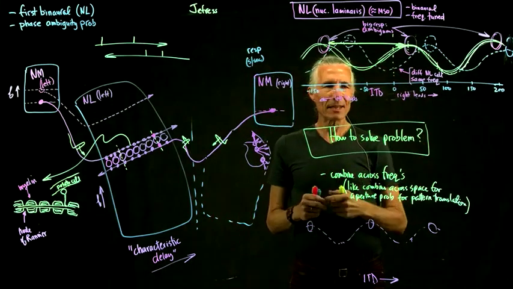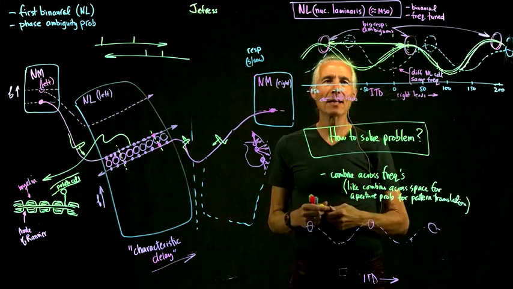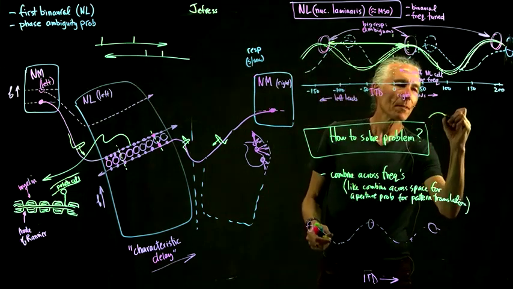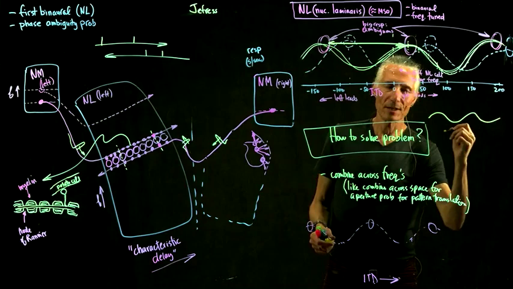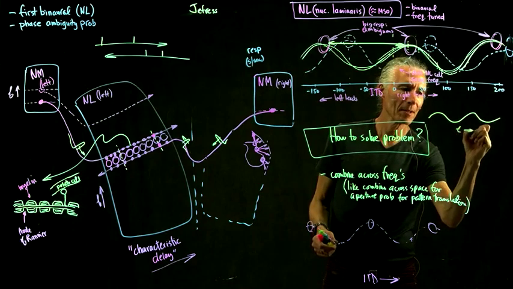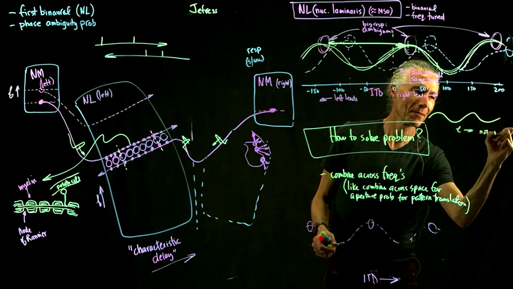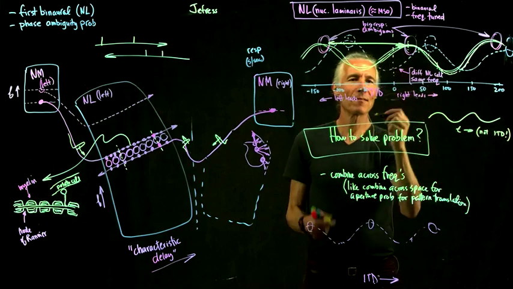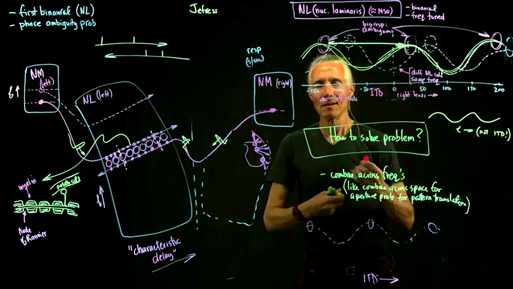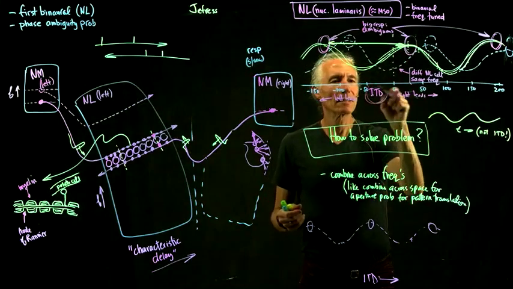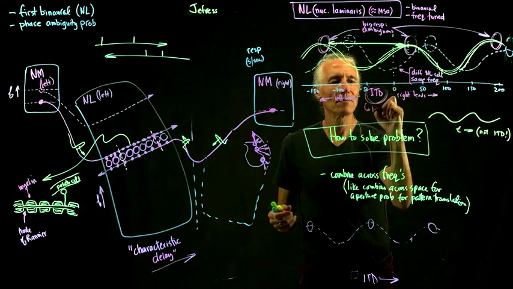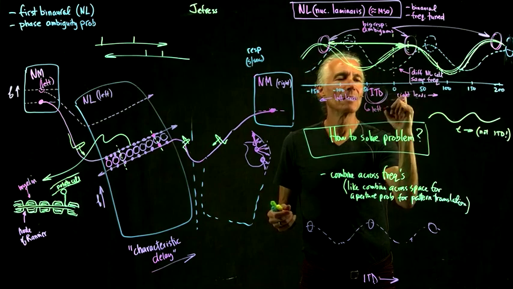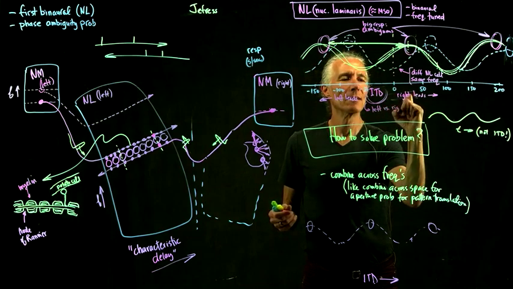What is that time? That time is just the time between two sound pressure peaks. So now this is time, not ITD. Here I've plotted ITD, which is the left versus right difference.